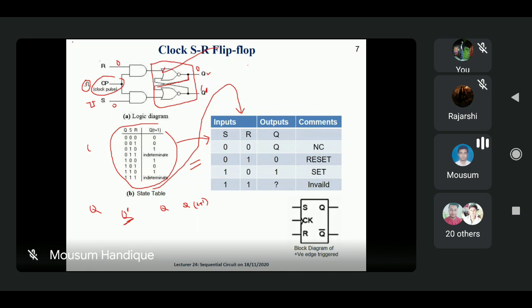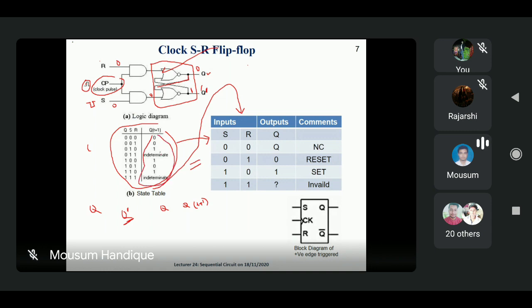Suppose the clock pulse is generated, meaning the clock is active, this 0 moves here. After that this one is 0 and this one is 0, and we are using the NOR gate. So 0 plus 0 is 0, and with the NOR gate this one is 1. All the values we get from this particular table. You can carefully check, and these particular next states are generated.